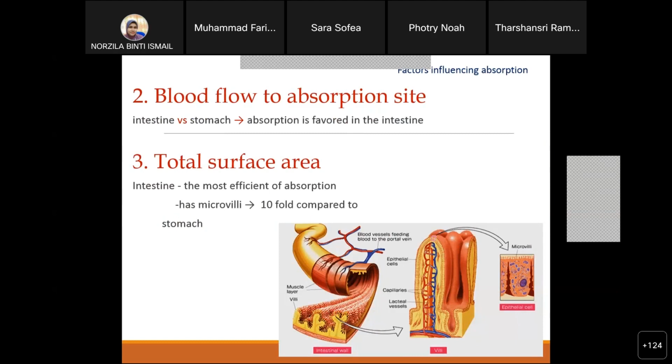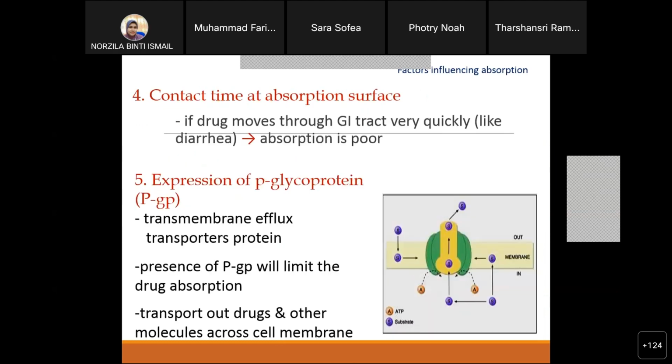And then the fifth factor, expression of P glycoprotein. Okay, what is P glycoprotein? It is a transmembrane efflux transporter protein. Efflux means that any drugs that come into the organ, diffuse or absorb into the organ, this P glycoprotein or PGP will export back to outside of the organ.